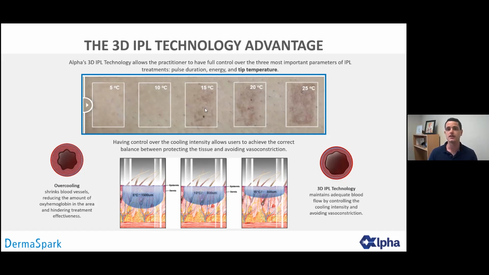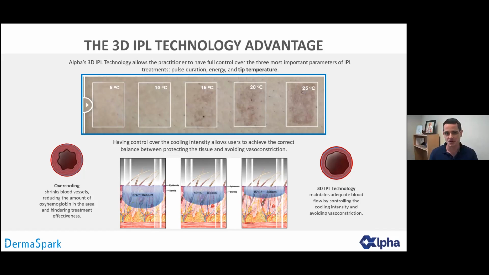You can see here the differences in the reaction of the skin to the pulse, where the pulse remains the same, the pulse duration and the pulse energy. The only thing that is changing is the temperature of the tip. And you see the difference between 5 degrees contact cooling and 15 degrees contact cooling. This is especially important when you are treating vascular lesions, to keep the tip as warm.